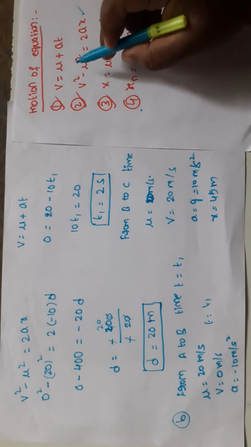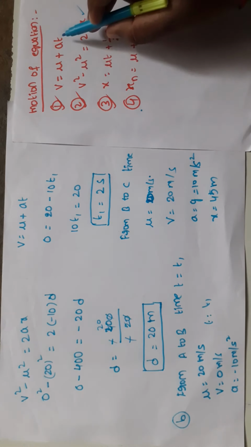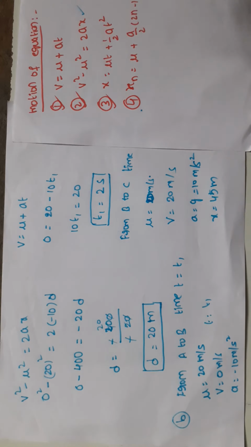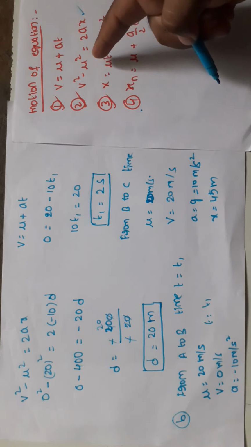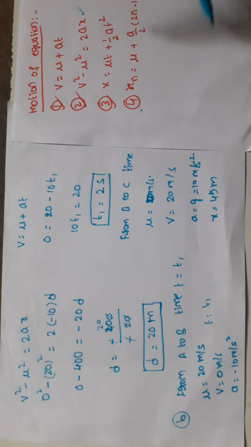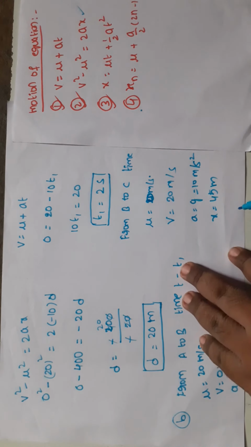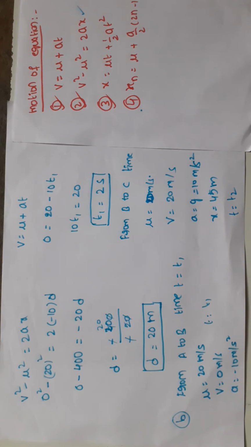Equation 1, v equal to u plus at, not suitable, because there is no displacement. Next, v square equal to u square plus 2ax, not suitable, because we want the time value t2, but in equation 2 there is no time.